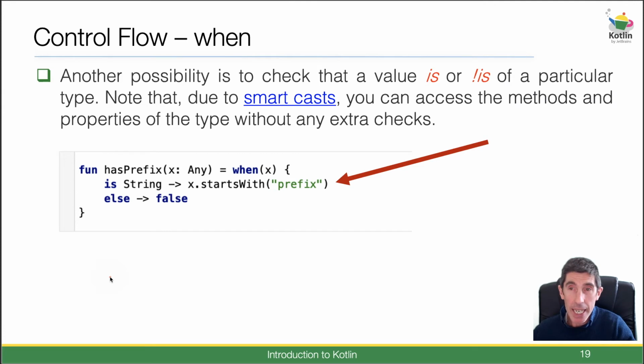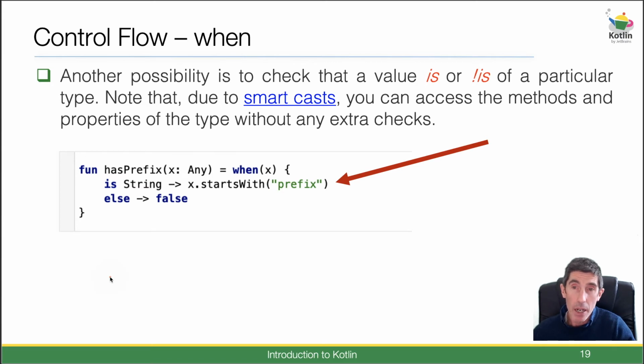Now the key here is referring back to that smart casts. X could be anything, right? But if it's picked up as a string, the Kotlin compiler knows it's a string and doesn't need to do any extra checks, any extra casting. Straight away knows x is a string and can invoke the dot startsWith function and then return that as the value, and that gets assigned.